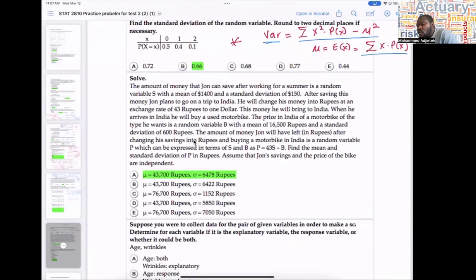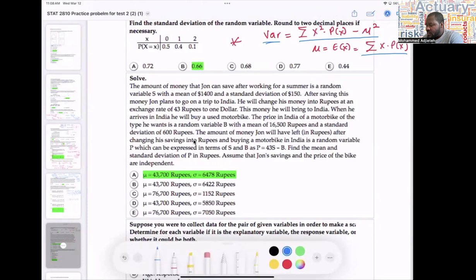Now the next thing we want to do is to tackle this. Spend time to read this problem, but I will summarize that information here. I know it's a random variable S with the mean of this. So it means that I have E of S to be 1,400 and the standard deviation to be 150.